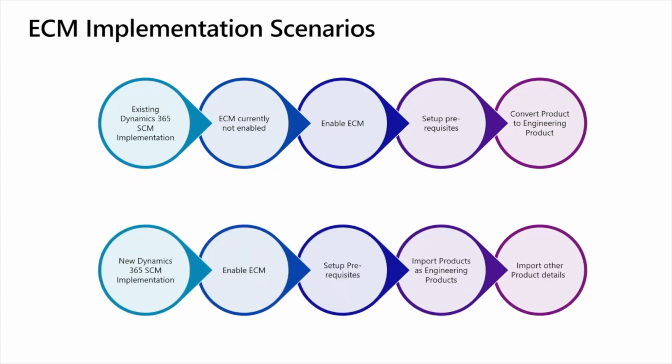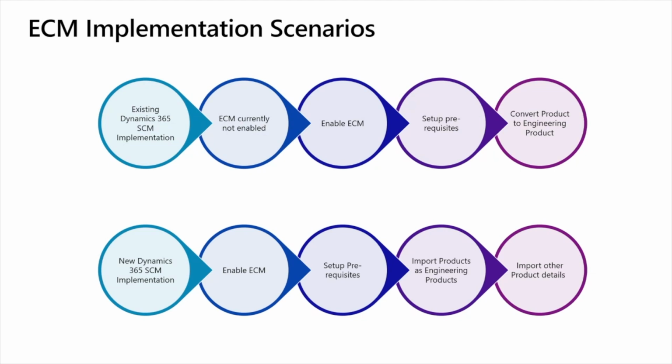The second option is a new implementation, where you are replacing your legacy ERP or other product management systems, and going forward, Dynamics 365 SCM will be your master of records. So how can you begin using engineering change management to manage your engineering products? You need to enable ECM and then complete any prerequisites.